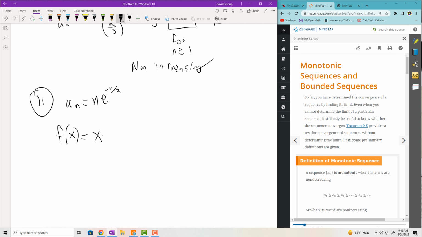So f of x is x e to the negative x over 2, and f prime of x then, so I have to do product rule, so leave the x alone, and then e to the negative x over 2 times negative 1/2 from the chain rule. And then take the derivative of x, so it'll just be e to the negative x over 2. I'm going to set it equal to 0 and solve for the critical number.